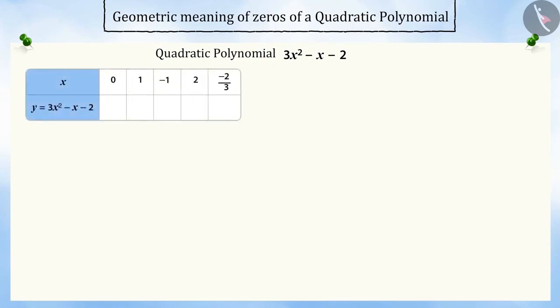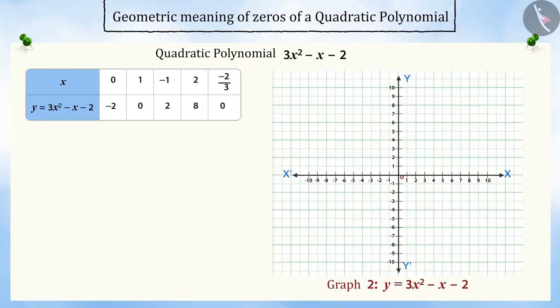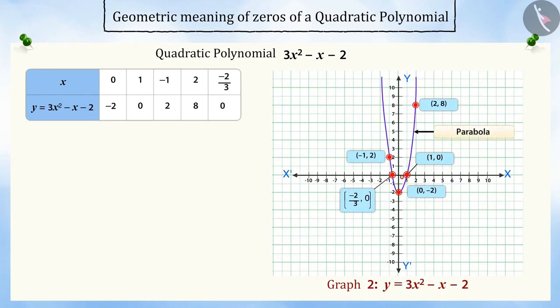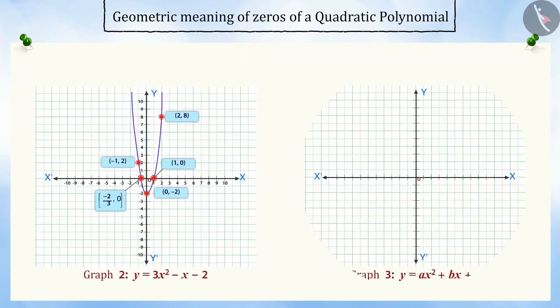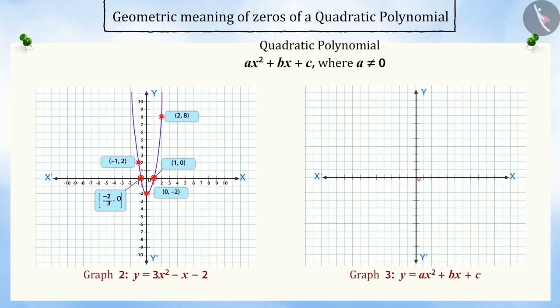If we substitute the values of x in y is equal to 3x square minus x minus 2 and take these points and plot them on the graph, we will get a parabola. Therefore, we can conclude that the graph of quadratic polynomial ax square plus bx plus c, where a is not 0, is a parabola.